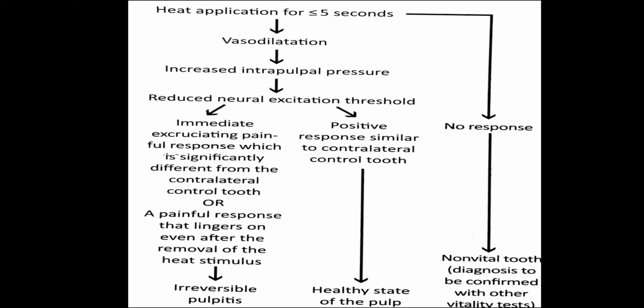And if because of heat application vasodilation occurs, which increases intrapulpal pressure, which in turn reduces neural excitation threshold, because of which a painful response that lingers on even after the removal of heat stimulus is seen, then it is a case of irreversible pulpitis.